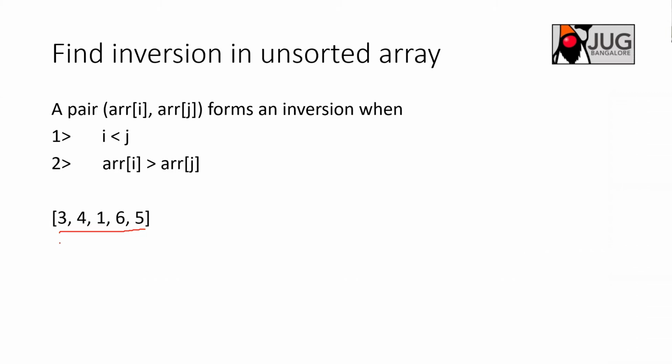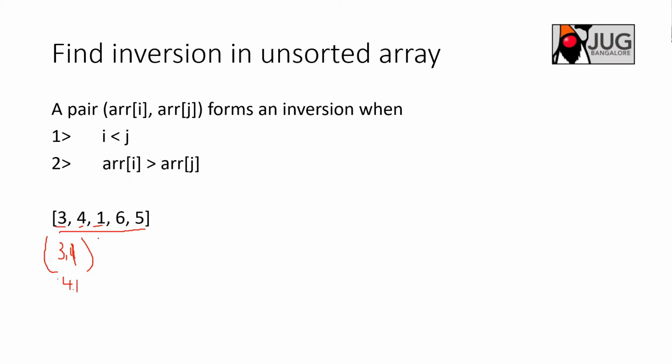In this case you have the inversion 3, 1. 3 and 1 form an inversion because 1 is smaller and array of i, this 3, is greater. This is one inversion. You need to count how many inversions there are. The next pair is 4 and 1. 4 and 1 is also an inversion. 3, 4 is not an inversion because they are in the right order.